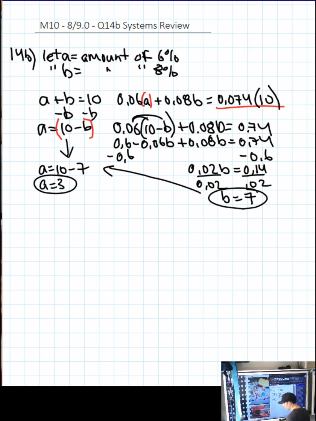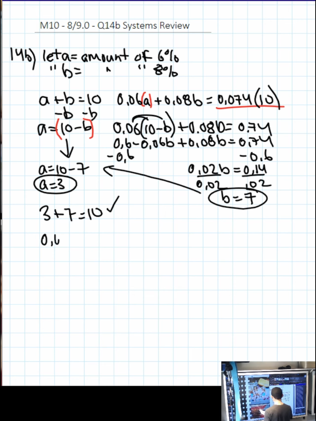We will need 3 liters of the 6% alcohol, and we'll need 7 liters of the 8% alcohol to have a total. Let's check. 3 plus 7 equals 10. Good. And then the percents have to work out as well.